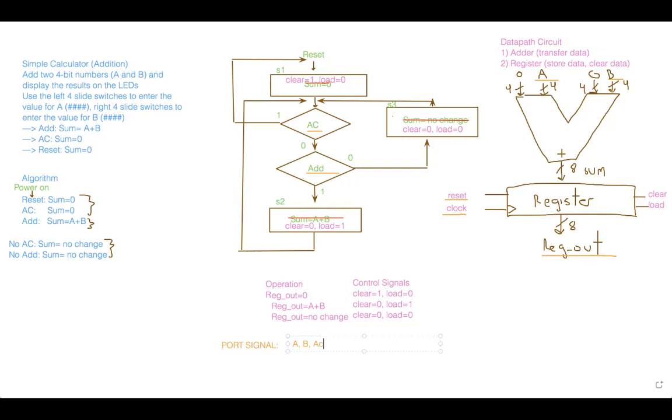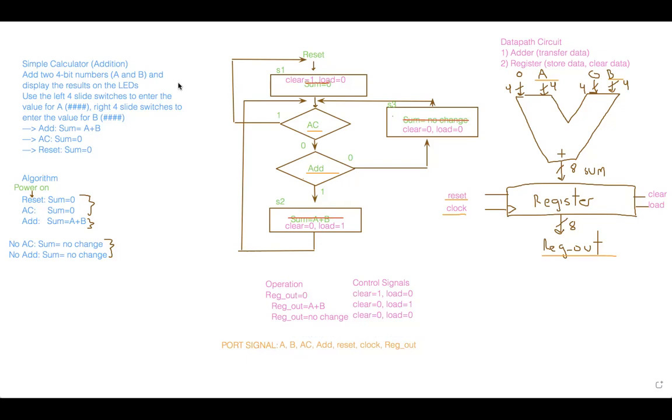If they hit clear, the button on the calculator, or hit add, that makes sense. If the user pushes reset when they turn on the calculator, the clock, the user has to connect up the clock in the FPGA, and the register out, the user is going to look at the output. So that's everything the user does.